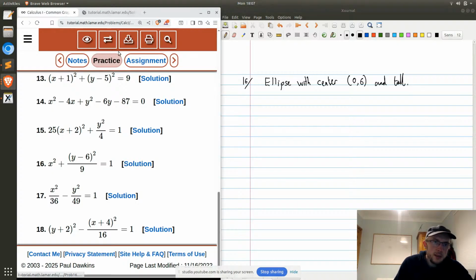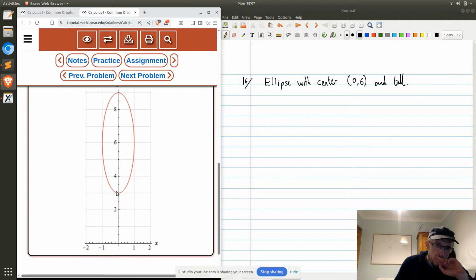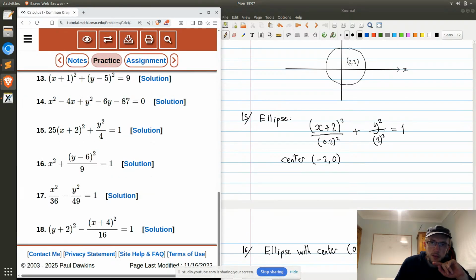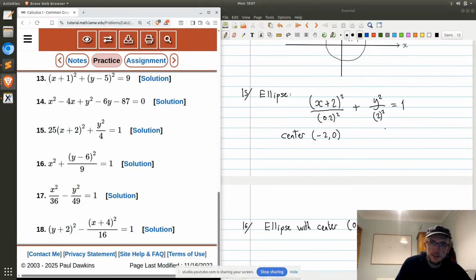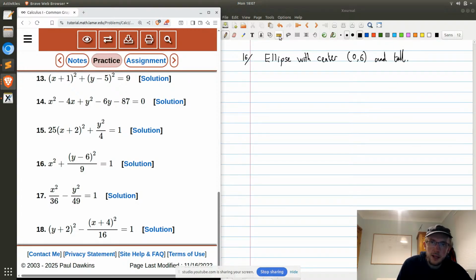Did I get that right? Yes. All right, but I didn't graph it, did I? Because I didn't graph this one, and I've been forgetting to do that. Okay, I'll make up for that now.